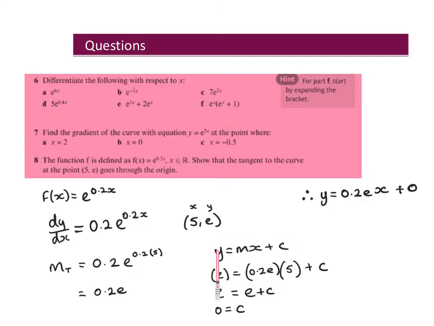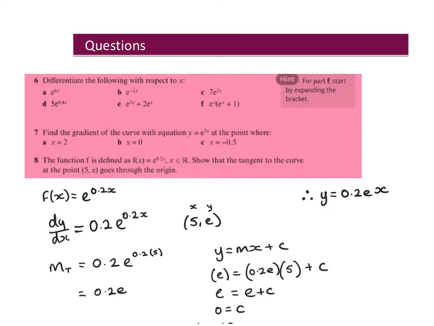We know that y equals mx plus c. y equals m, our gradient is 0.2e, multiplied by x plus c. But I'm deleting the plus 0. So then, great, we've figured out the equation of a straight line. That's not what the question's asking for, though. The question says, show that the tangent to the curve at the point 5, e goes through the origin.